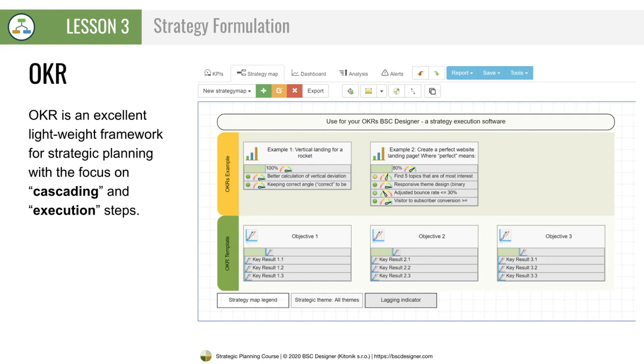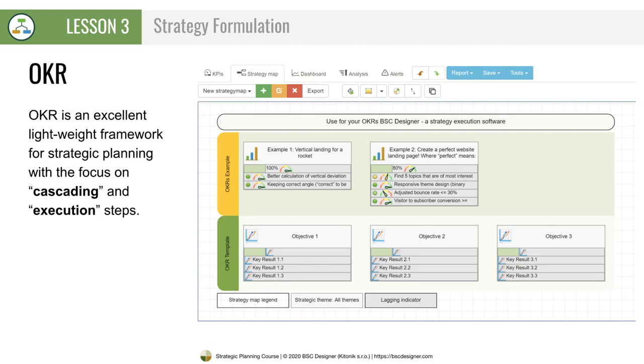On the first step of the OKR process, an organization needs to formulate strategy by answering a few questions, similar to ones that we discussed at the beginning of this lesson.